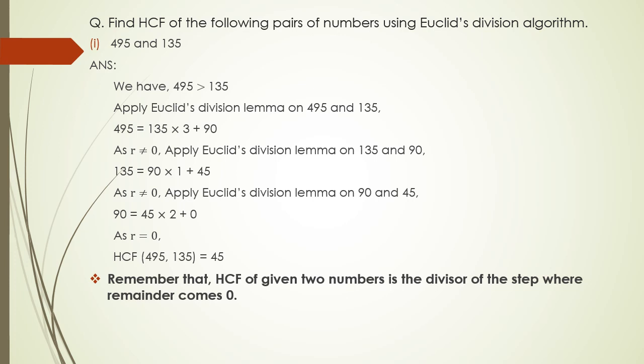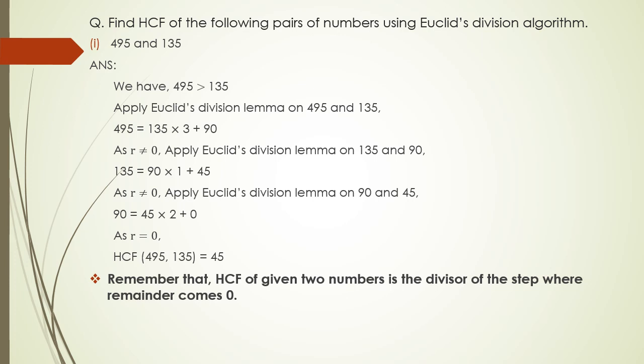One more thing I would like to tell you: whenever we find the HCF of 3 or more numbers using Euclid's division algorithm, what procedure do we follow? Suppose we find the HCF of 3 numbers. First, we find the HCF of the 2 bigger numbers using Euclid's division algorithm.